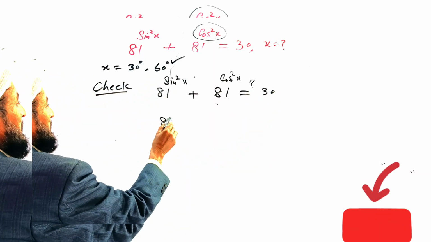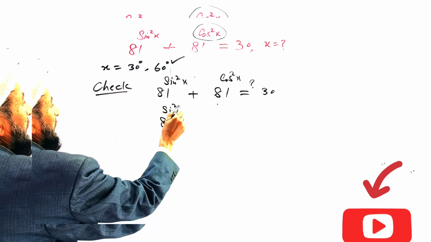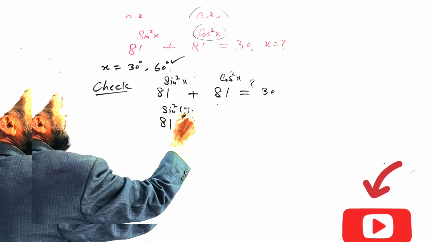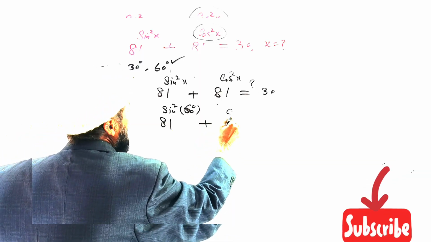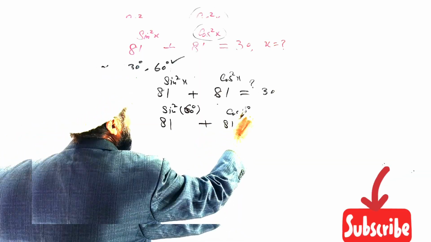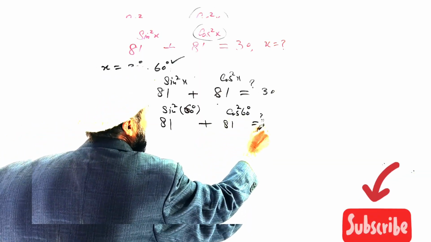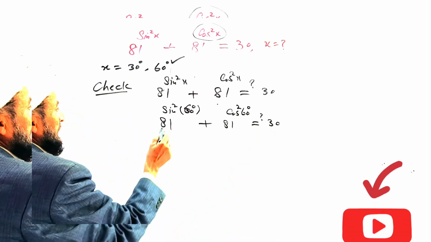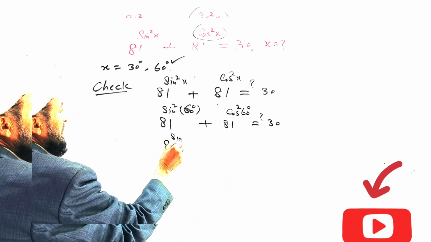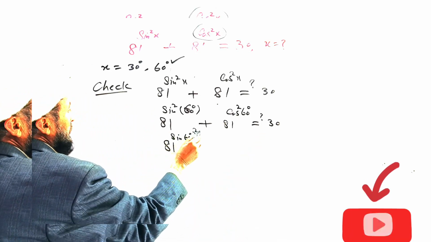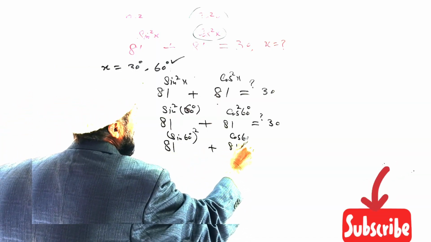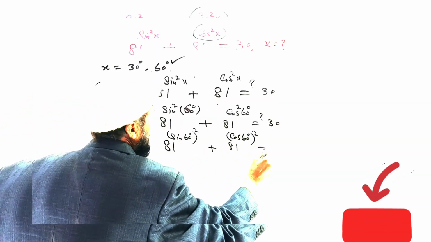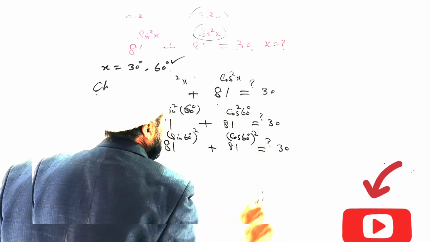Now we replace the value of x with 60 degrees: 81 sin 60 degrees plus 81 cos 60 degrees is equal to question mark, 30. Now we can write this as 81 sin 60 degrees whole square plus 81 cos 60 degrees whole square is equal to question mark, 30.